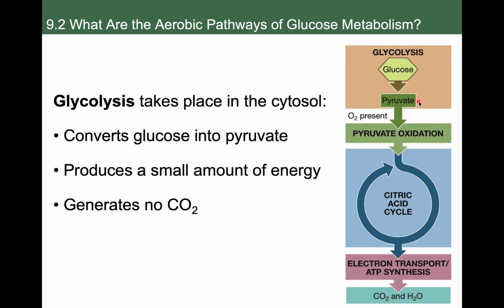We're actually going to make two pyruvates. We release a small amount of the energy that was in the glucose and store some of that in ATP, and some in the form of reduced electron carriers. You may remember that one of the big byproducts of cellular respiration is carbon dioxide, but we don't make any CO2 in glycolysis. All the CO2 comes from some of the later steps.